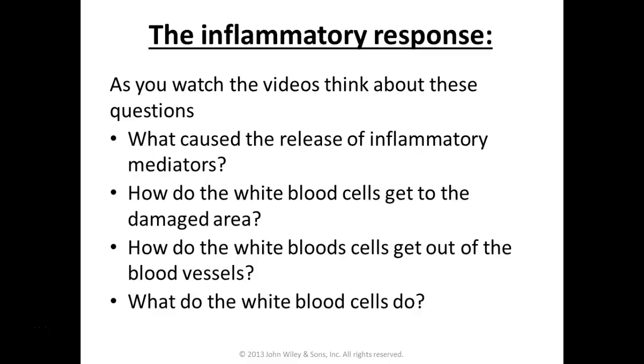And then, how do the white blood cells get to the damaged area? Right? How do they actually get there? And then, how do they get out of the blood vessels? And then, why the heck did we call them up to begin with? What do they do once they get there? What do the white blood cells actually do?